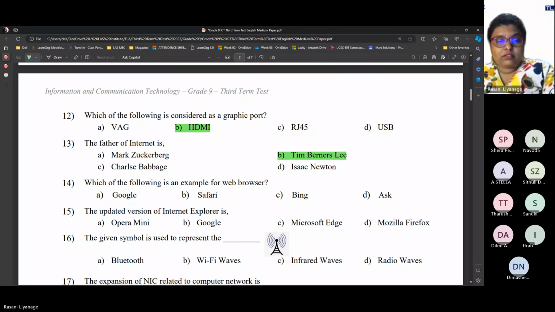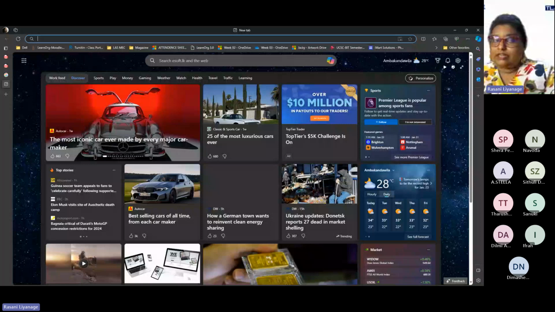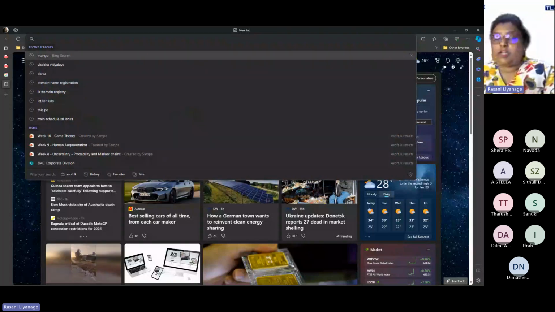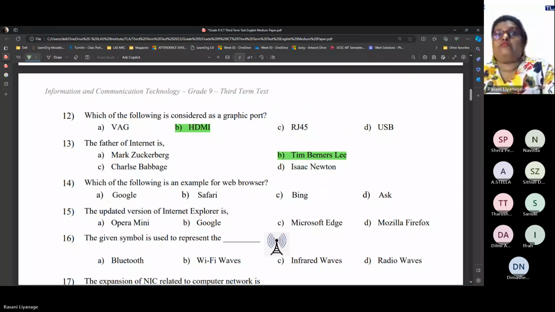Bing is also a search engine, because Edge is the browser. Ask is also a search engine. What's Bing? This is Bing, what is open here. Bing search kitten. It was initiated for images, but now it's with AI, which is simply awesome.